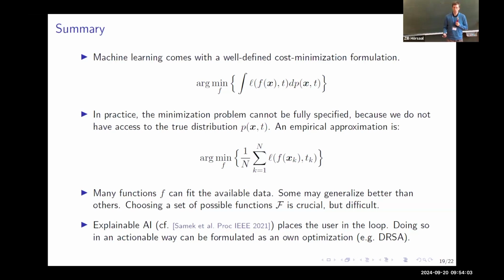Is it doing the right thing, yes or no? But more than that, we wanted our explanation to be actionable so that we can basically, in one step, correct the function to remove its incorrect part from it to arrive at a better classifier, which generalizes better. And this we have formulated as an optimization problem, DRSA.